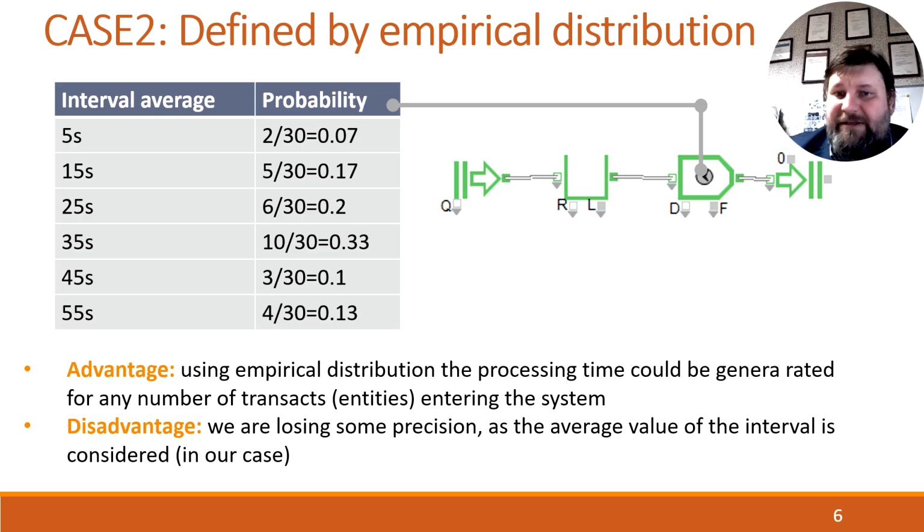While still we have an issue. Or maybe not an issue, but we need to consider that in this case we are losing some precision because we are utilizing interval averages instead of a specific random value.